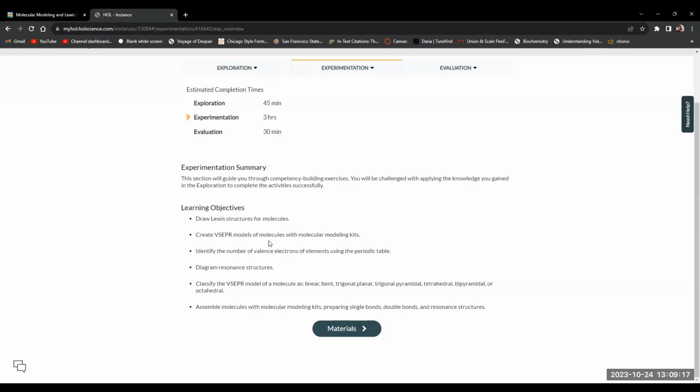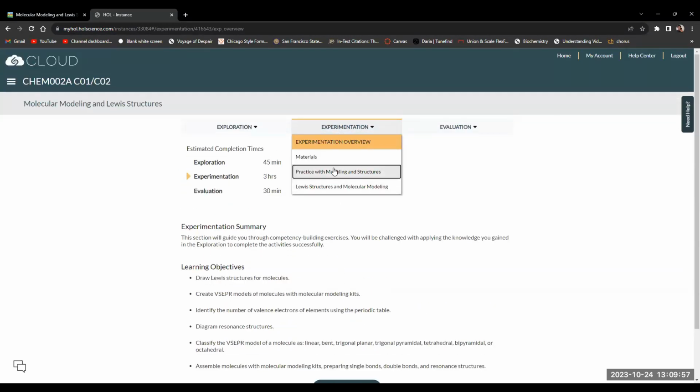We'll also be creating VSEPR models using the kits, understanding valence electrons for elements, resonance structures, and being able to classify models ranging from linear, bent, trigonal planar, trigonal pyramidal, tetrahedral, and these last two, bipyramidal and octahedral, I don't think will be covered in the exam, but it doesn't hurt to know them, especially if you're going to go into Chem 1. So let's get started.